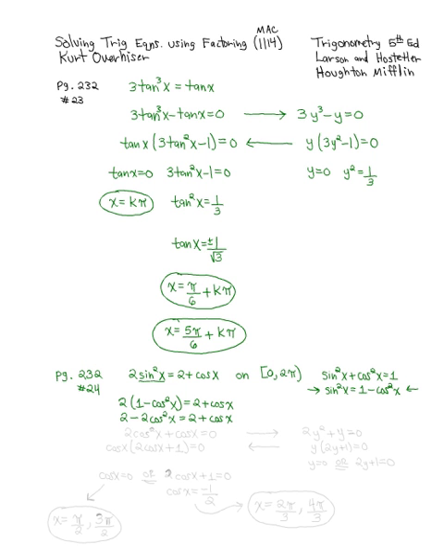So I'll end up with 2 cosine squared x plus cosine of x equals 0. And then we're going to do like before.